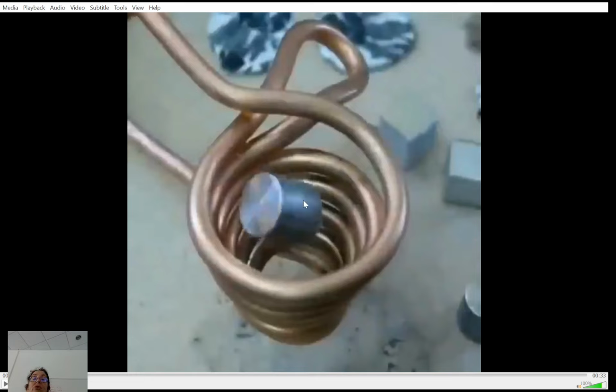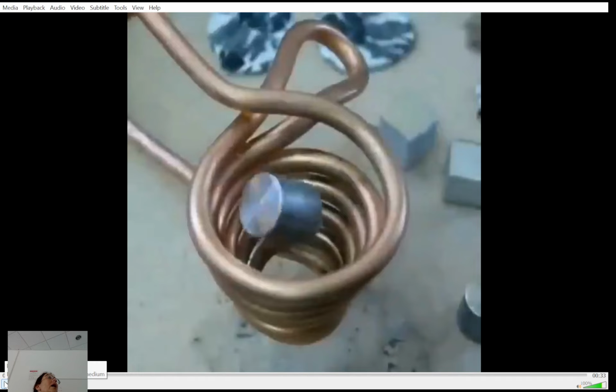So it's going to induce, because here the magnetic field is going to change, expand, collapse, expand, collapse. It's going to induce eddy current in this piece of metal. What's going to happen to the piece of metal? It's getting very, very hot, because all that current flowing inside, okay, eddy current, all that energy is going to go to heat. What do you think is going to happen?